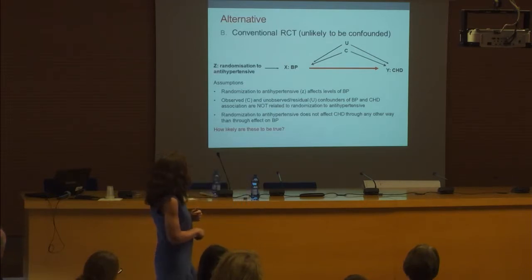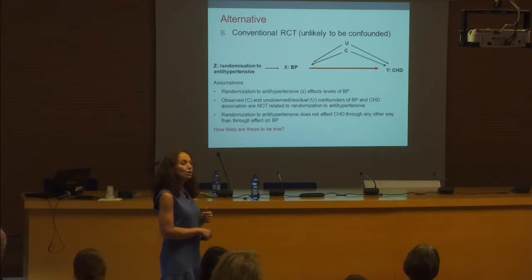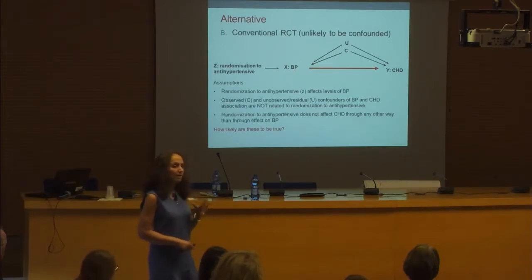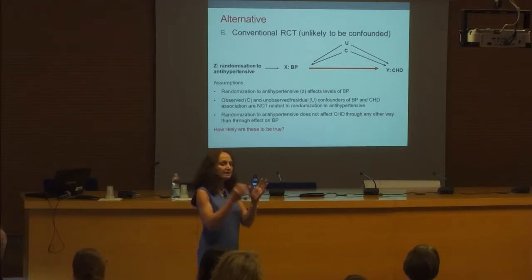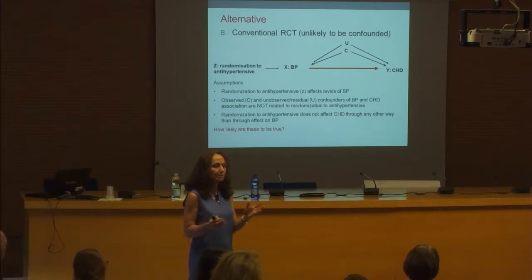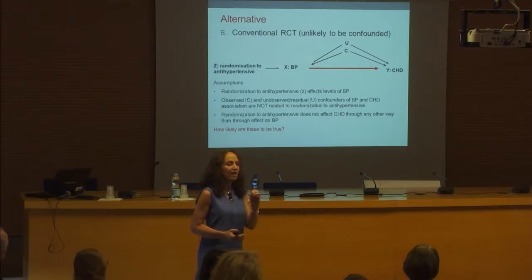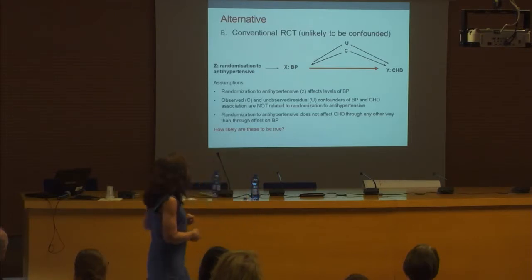And lastly, as there's no arrow going from randomization to hypertensive through to coronary heart disease, you also assume that other than through its relationship to blood pressure, this instrumental variable, this randomization to blood pressure treatment, is not related to coronary heart disease other than through its effect on blood pressure. So those are the three assumptions of this particular instrumental variable analysis.